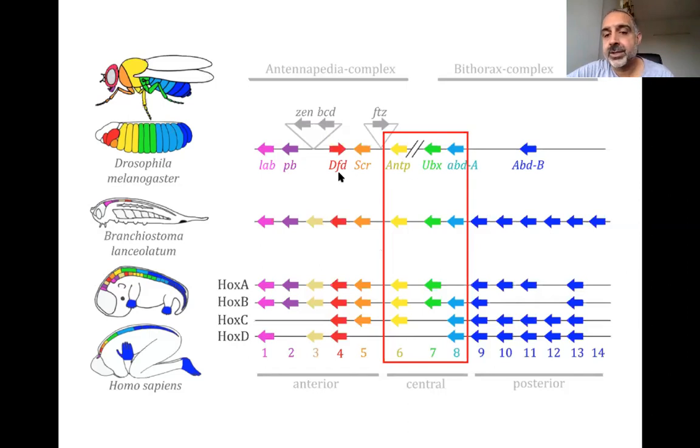Okay, and so this implies that the regulatory elements could have been preserved as well, that various ways that Hox genes are regulated may have been preserved as well. Okay, and I will let you investigate this a little bit more.